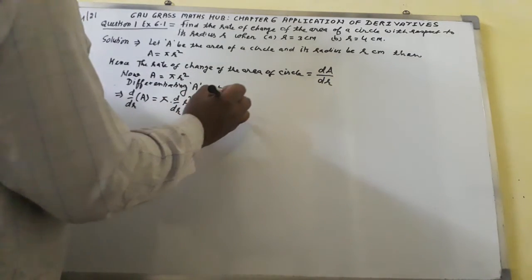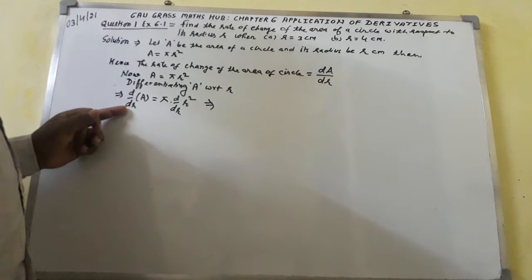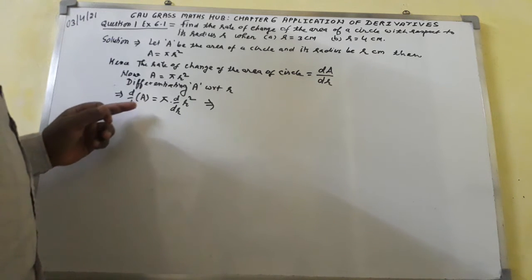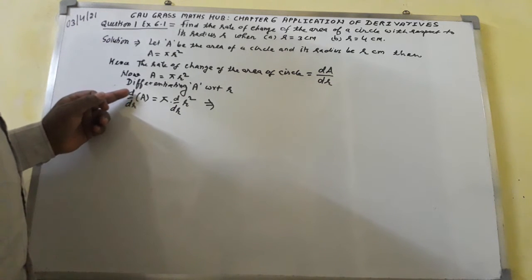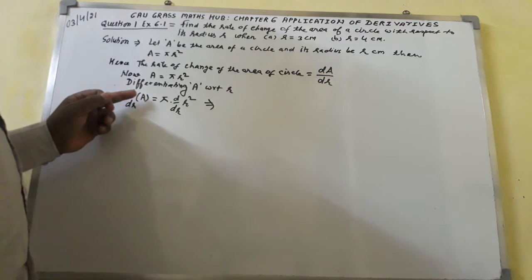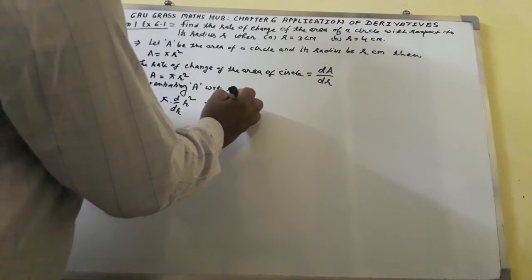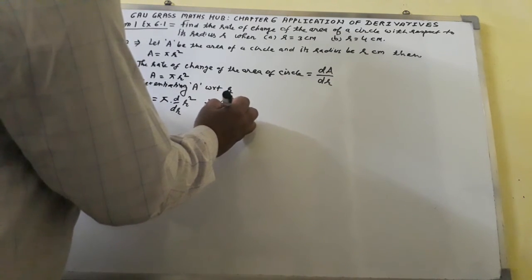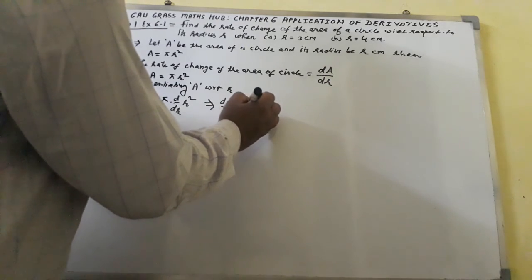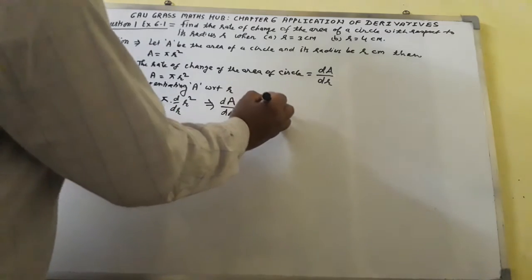Here you can see in the numerator function capital A is available, in the denominator r is available. Both are different. That's why small d will be written with capital A, comes out to be dA over dr. So dA over dr equal to pi dot d over dr of r square, which comes out to be 2r.